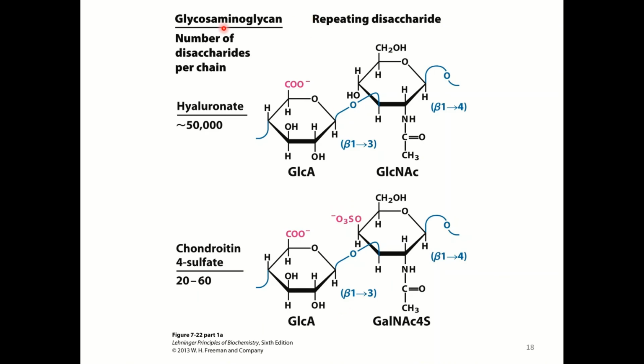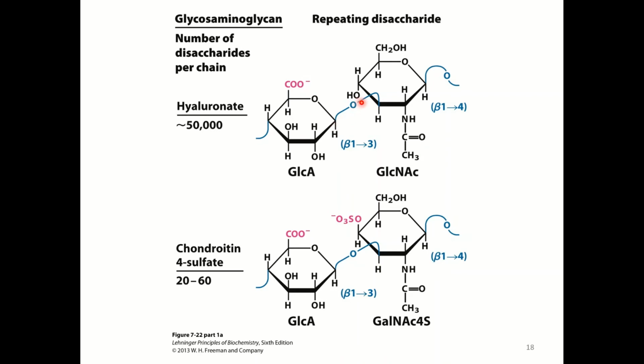Okay. So if we look at a couple of these examples, one is hyaluronate, and it has a number of disaccharides per chain of about 50,000. Okay, a really big number. What this is, it's glucose that's been, the A stands for an acid, right? So at carbon 6 now, instead of an alcohol group, it has an acid up there and a negative charge.